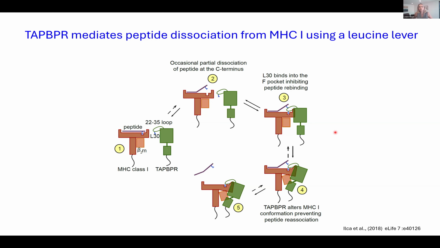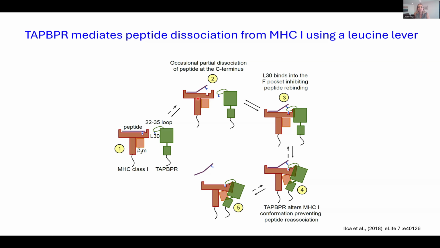And this work led us to propose the following model for the loop being involved in peptide dissociation from class 1. So MHC class 1 molecules are known to breathe or relax in, and when they do this, the C-terminus of the peptide can partially dissociate.